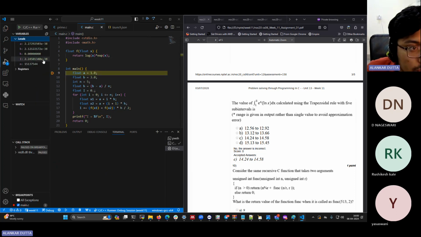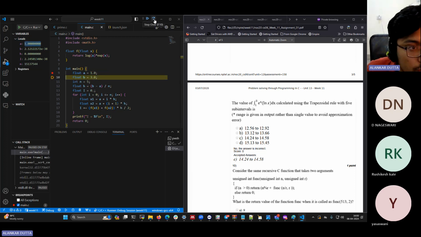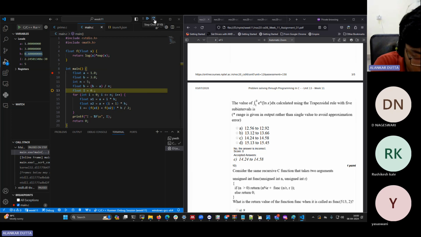Okay, so let's look at the local variables. Let's step through. A is 1, then B gets assigned the value of 3, and you can see H gets assigned the value of 0.4. So you see that between 1 and 3, if you have 0.4 times 5, n steps were 5, right?